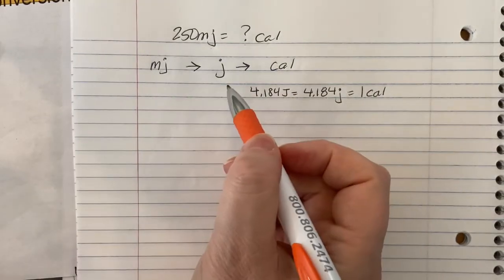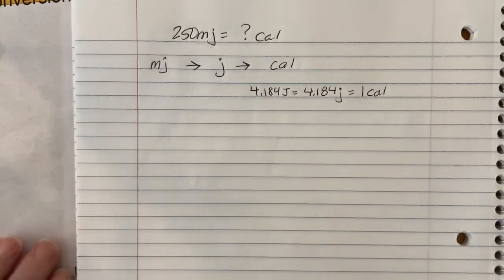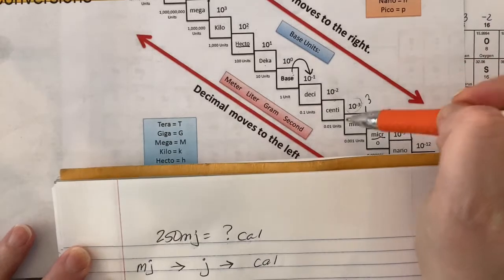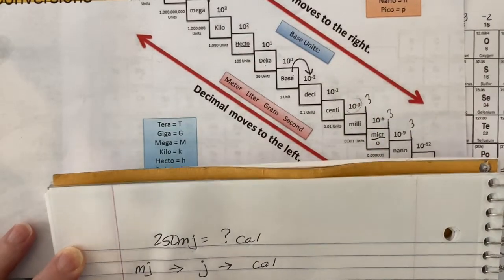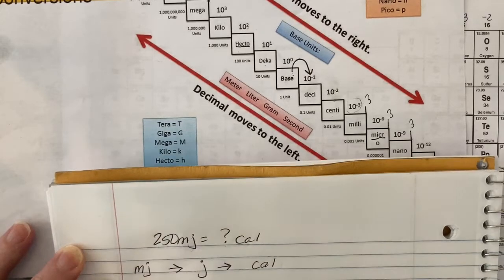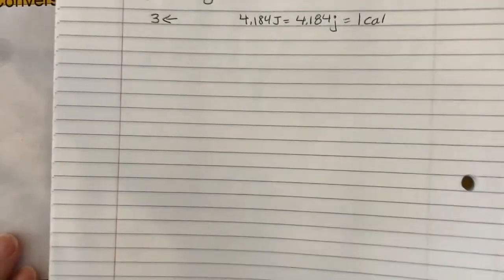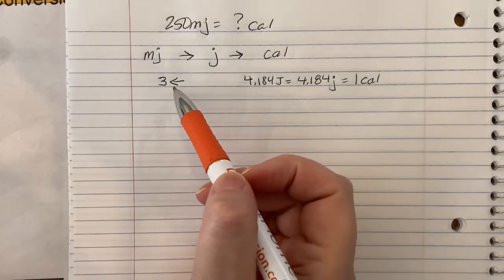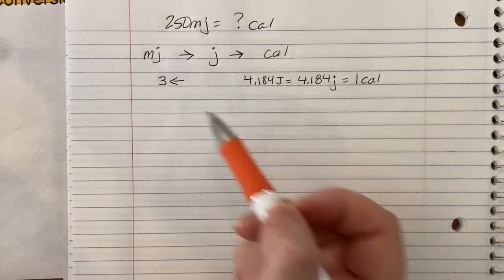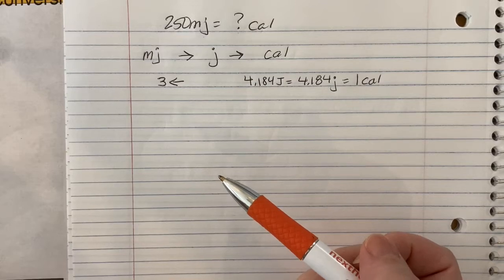And the millijoules to joules, I have to use my ladder. Milli to base, 1, 2, 3. It is 3 steps to the left. Now, when I'm trying to put it into factor label method, I'm not moving my decimal place. I'm actually going to have to put it in as a conversion.